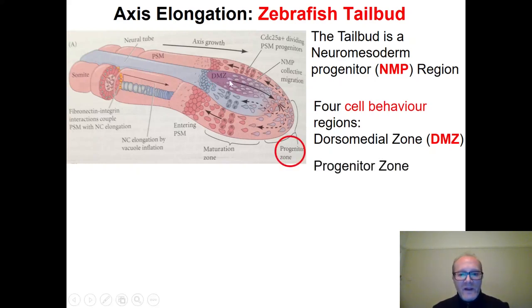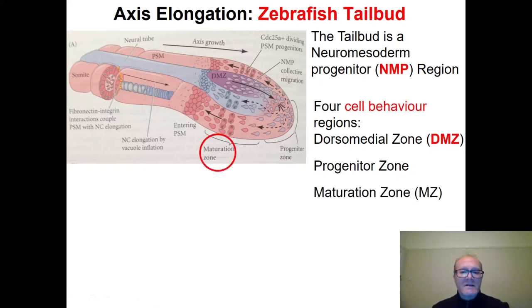Then the cells from the DMZ enter what is called the progenitor zone. The cells in the progenitor zone move laterally, both right and left, and also move centrally. So the cells from the DMZ that move posteriorly then decide whether to move laterally, left or right, or move back deep inside the embryo, but centrally, following the arrows.